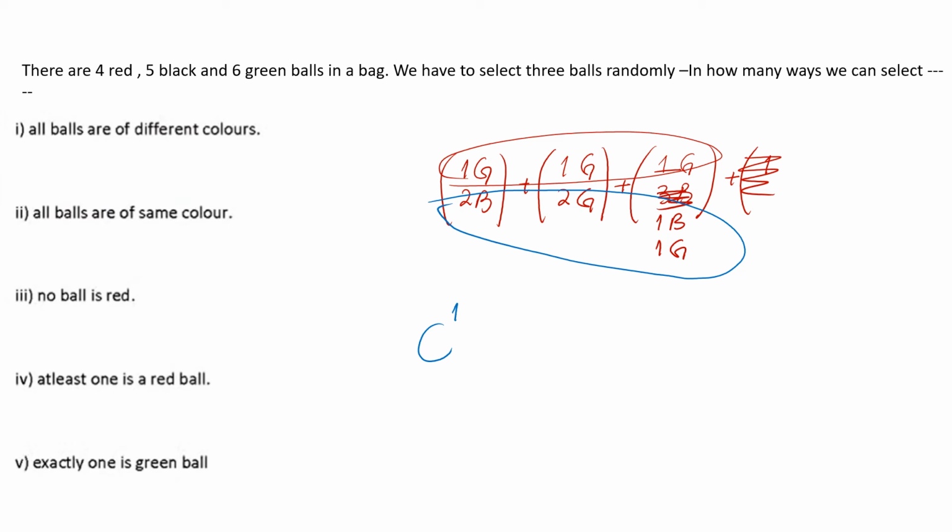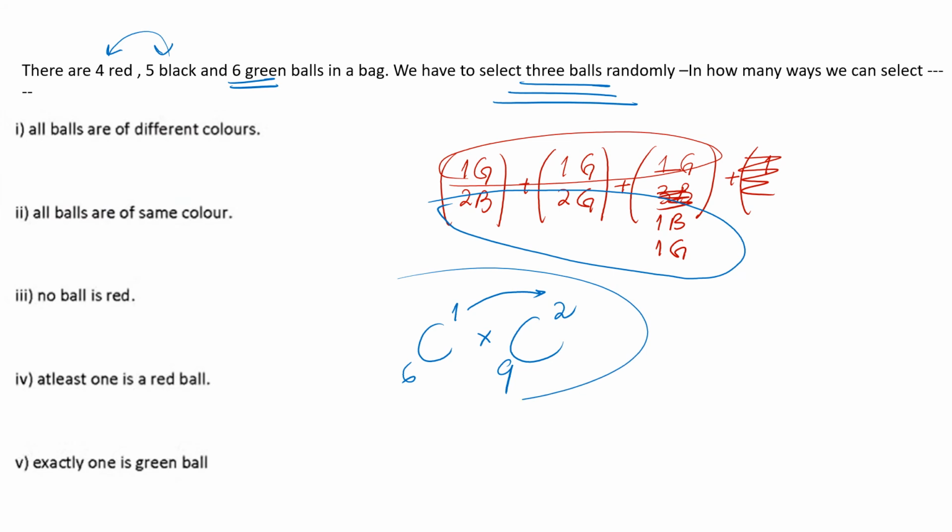So how many green balls are there? Six green balls. Now, how many remaining balls are there from the total? From the total, there are 9 balls. And how many left? One already selected, it has to be green. Two balls are left because you have to select three balls. So this is the easiest situation which will lead you to the correct answer.